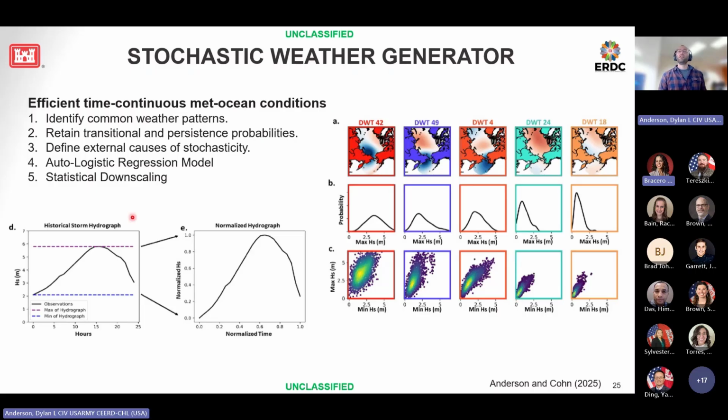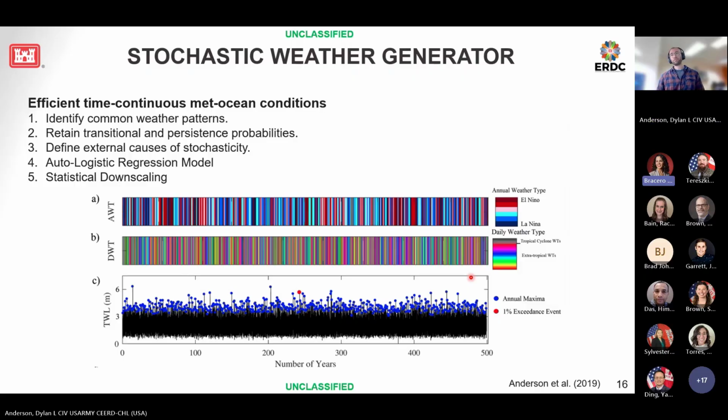And so when you have your historical storm hydrograph and it's been normalized to 0 to 1, and now you move off into the future and you are simulating the minimum wave height and the maximum wave height within that particular storm weather type, these are the populations that a copula is fit to that you're then sampling from. Hopefully that makes sense. We're trying to see variability, create variability, but keep that variability realistic.